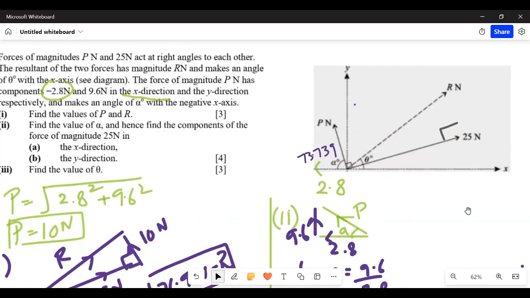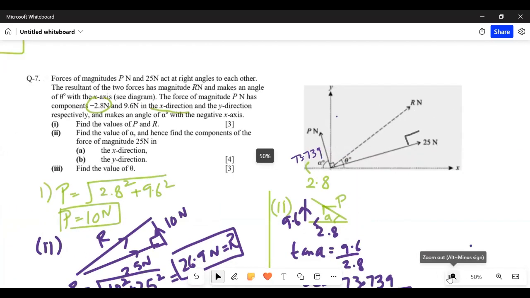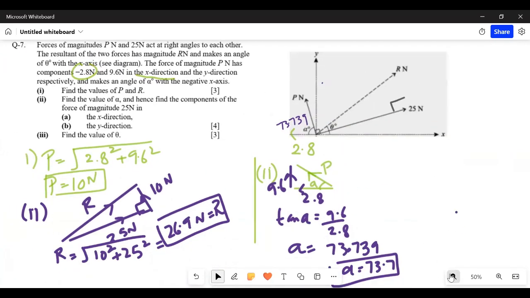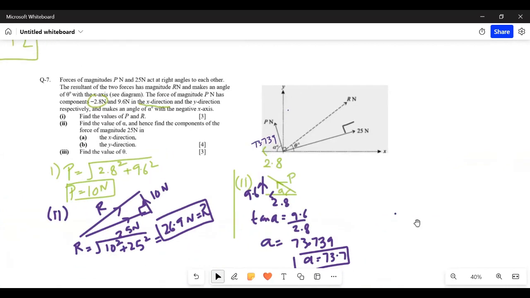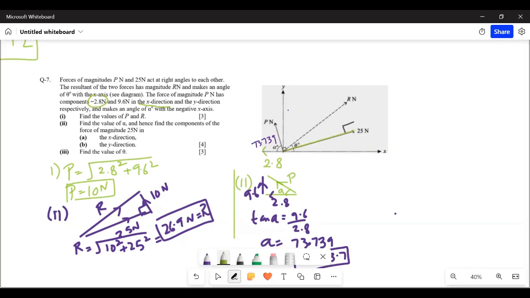Which question was this? Question 7. Yeah, there is theta, which is 73.739. Okay, so now we need the x and the y component of the 25 Newton force. Here's the 25 Newton force, here is its x component, and here is its y component.